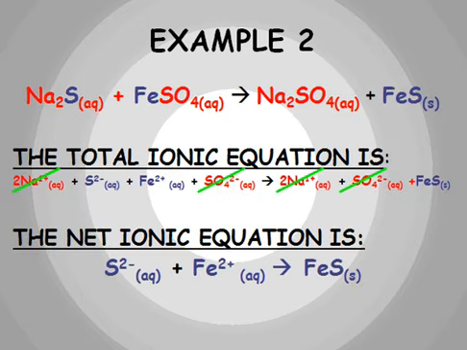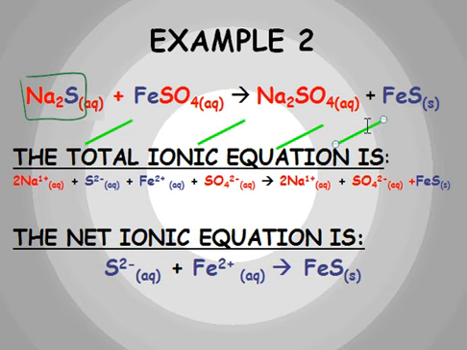If you look at sodium sulfide and iron 2 sulfate. Sodium sulfide is Na2S. You have to remember that sodium is a positive charge and there are 2 of them. This is why it's written as 2 Na positive.